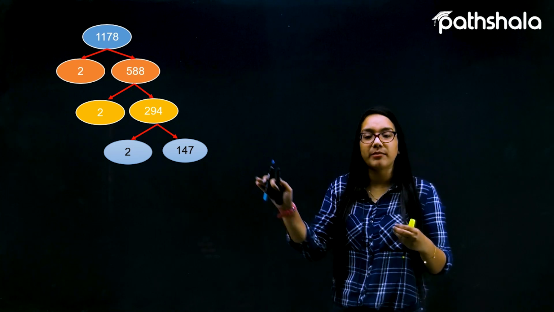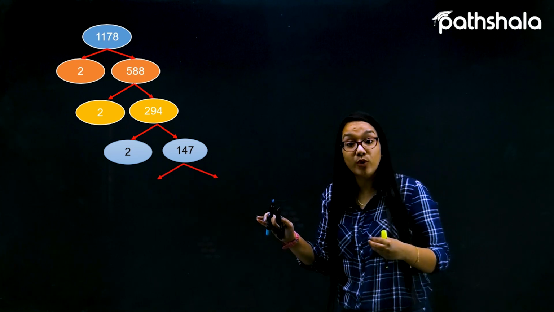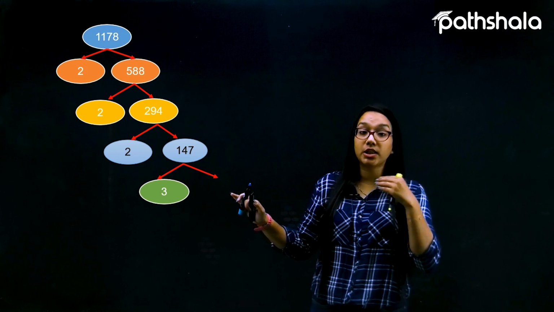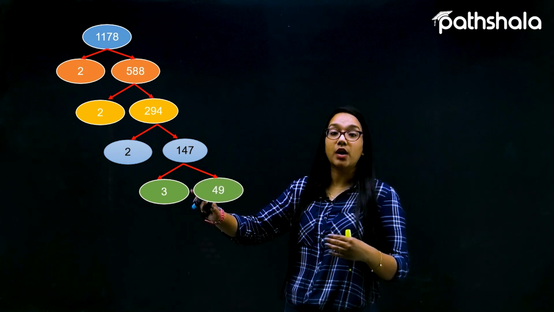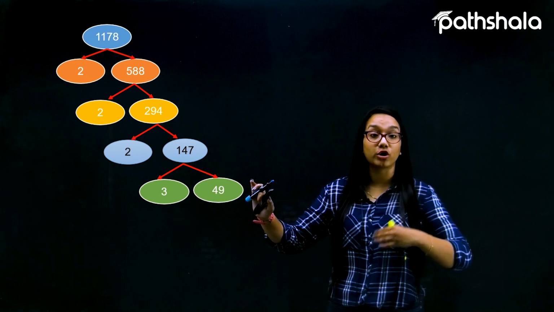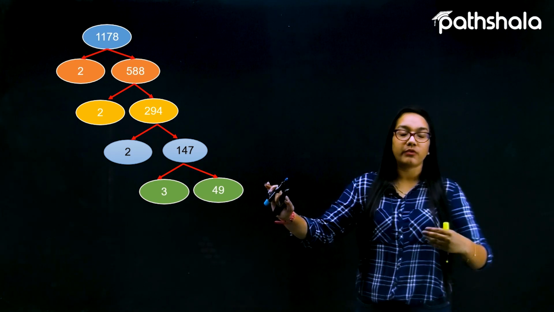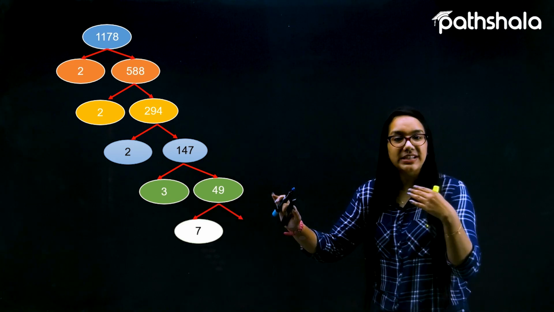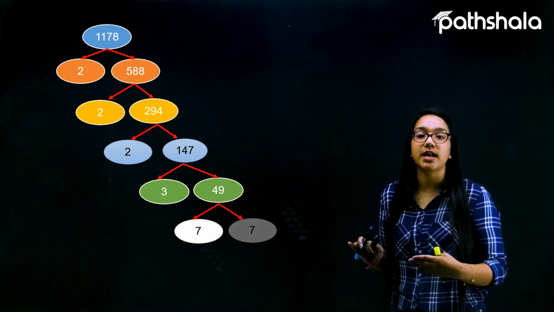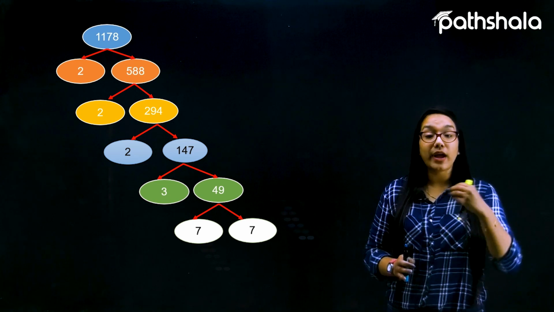So I divide 147 by 3, and the quotient that I get is 49. Again, when I divide the quotient 49 by 7, I get the answer 7.